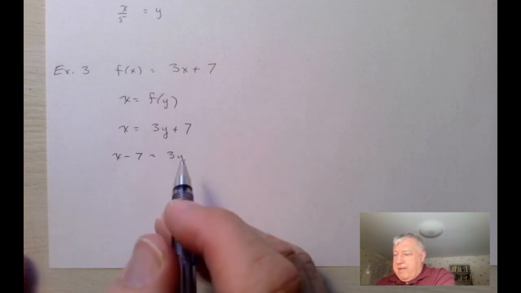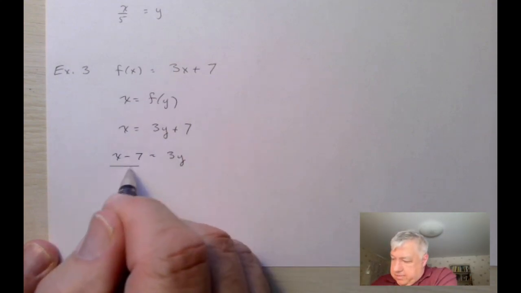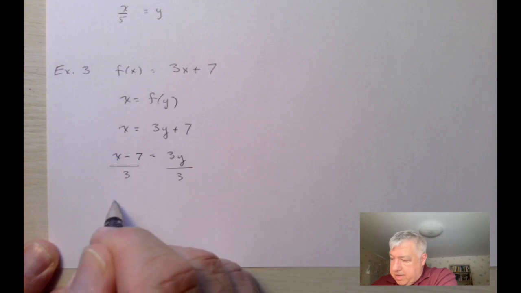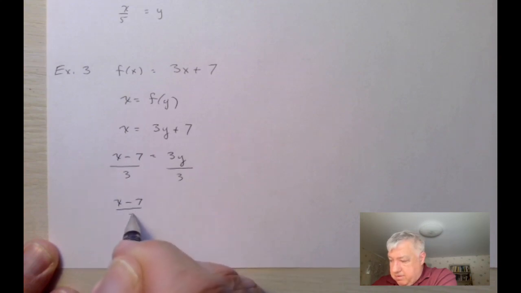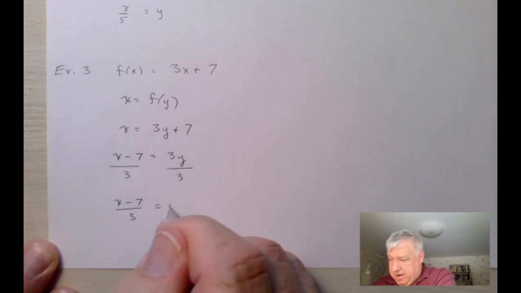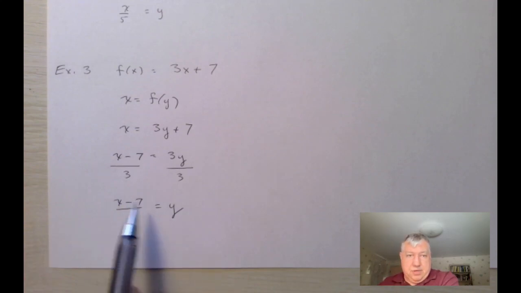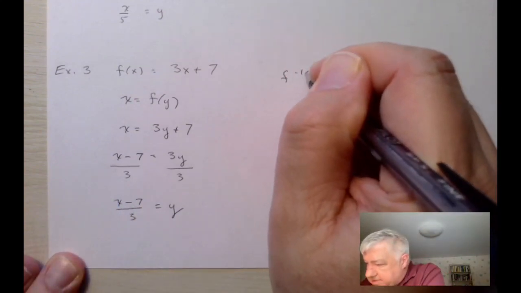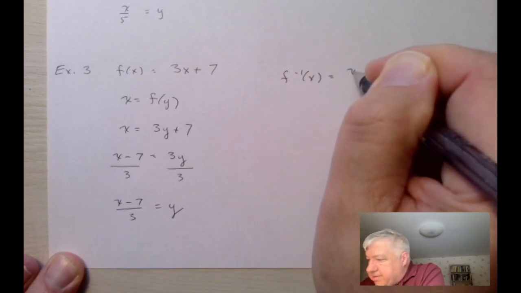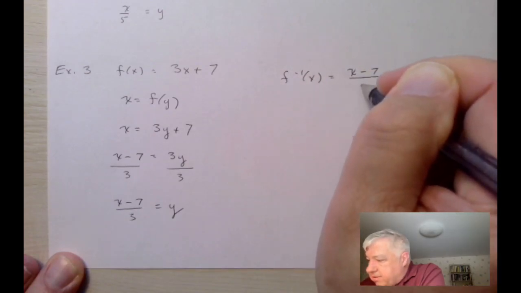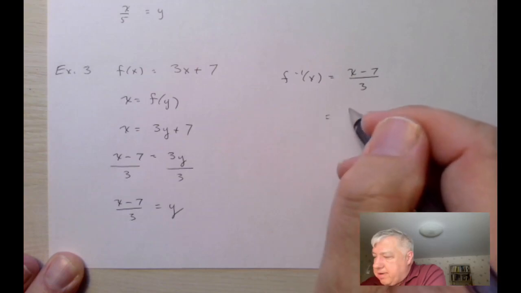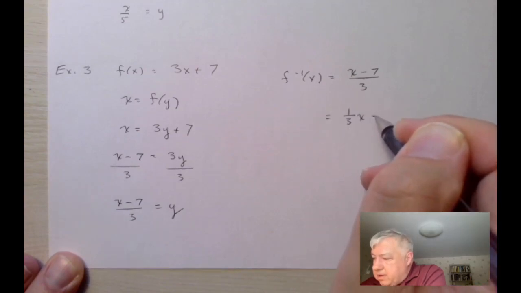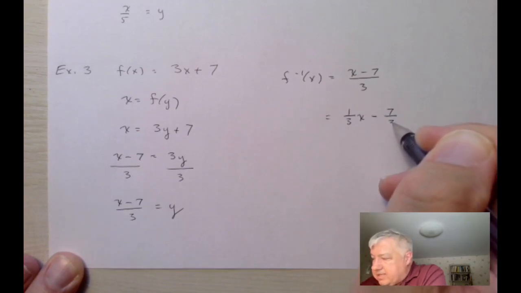And now we can divide both sides by 3. So we get x minus 7 over 3 equals y. And this is our f inverse of x. You can write this as x minus 7 over 3, or if you want, you can write this as x over 3 minus 7 over 3.